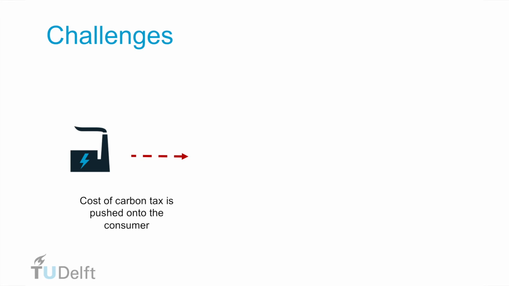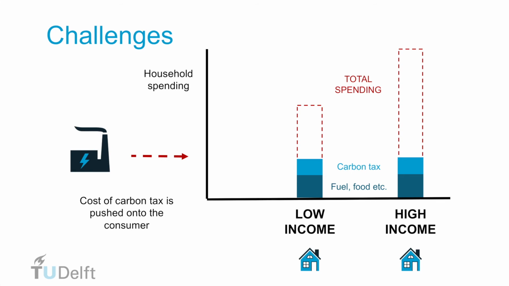When tax is implemented, producers usually push the cost onto the consumers, which can raise the price of basic commodities like fuel or food. This will disproportionately affect communities with a lower income as they have to spend a higher proportion of their income on these basic commodities. So, taxing these commodities will make inequality worse without any intervention from government.